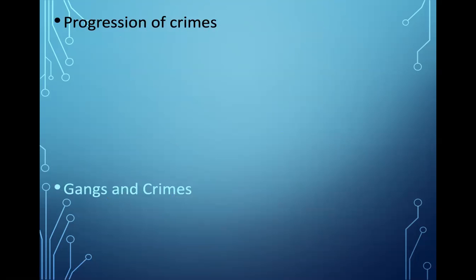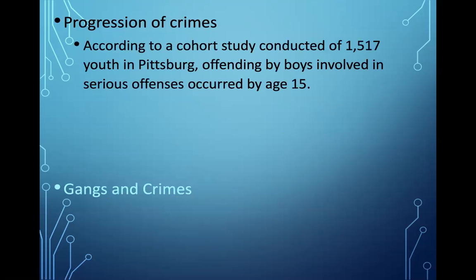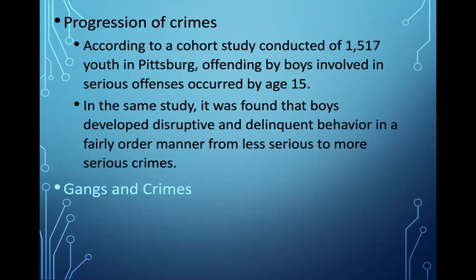Well, for the progression of crimes, they find that according to a cohort study conducted of 1,517 youth in Pittsburgh, the offending by boys involved in serious offenses occurred by age 15. And in the same study, it was found that boys developed disruptive and delinquent behavior in a fairly ordered manner from less serious to more serious crime.